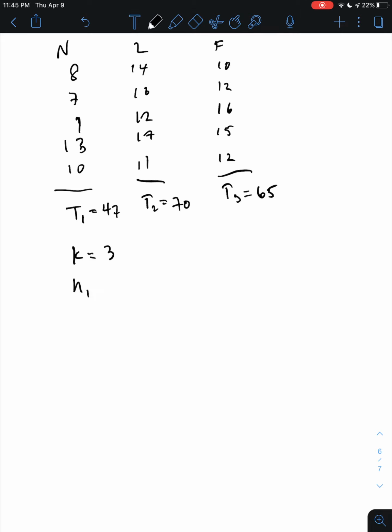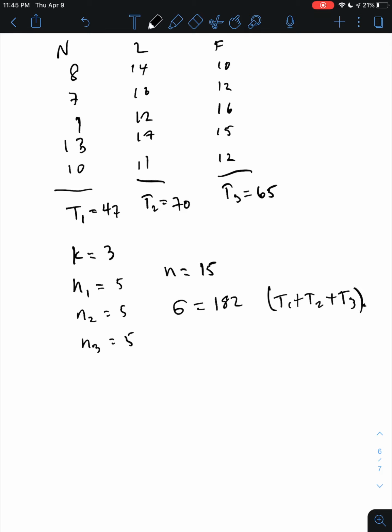The sample size for sample 1 is 5, for sample 2 is also 5, for sample 3 is 5. Those are all equal. The total number of participants is 15. And then the global sum is 182, which I could get by adding T1 plus T2 plus T3.